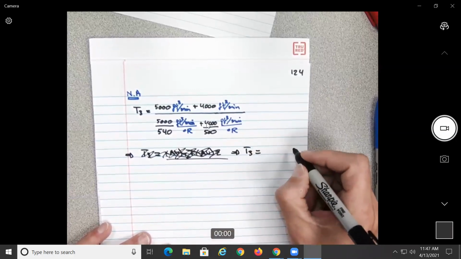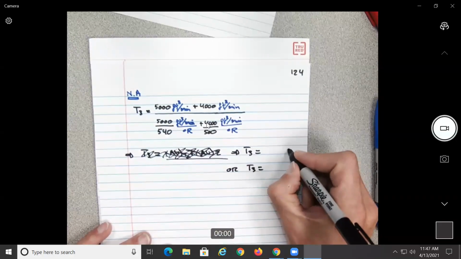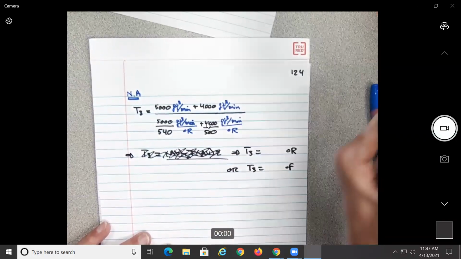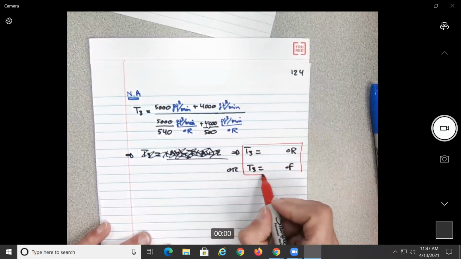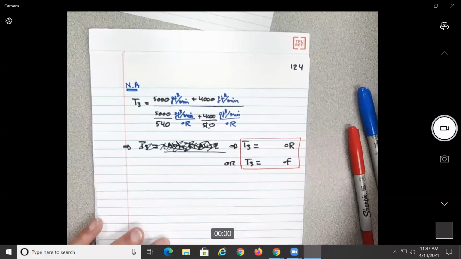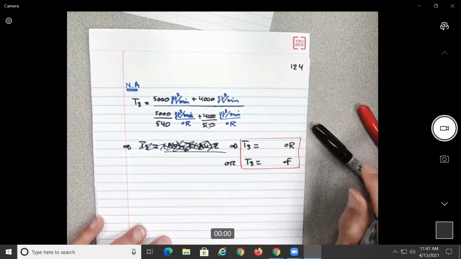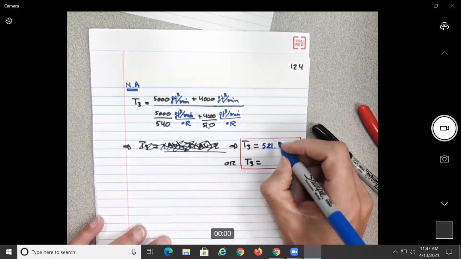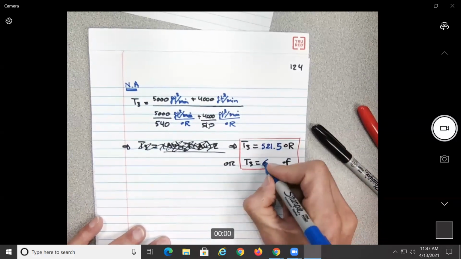We get the result in Rankines. To get Fahrenheit, you subtract 460. So what do you get? How much do you get in Rankines? I got 521.5. Okay, minus 460, 61.5.